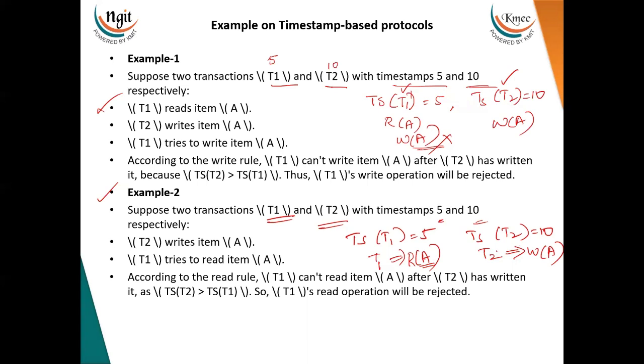You might get confused with the timestamp based protocols. If T1 has arrived first, T1 has to perform the operations. Why is T2 performing the write operation and then T1 performing? Here the timestamp is given. According to the timestamp, these transactions have to execute, right? So if they are not executing in that particular time interval, then only the read operation of T1 will be rejected.